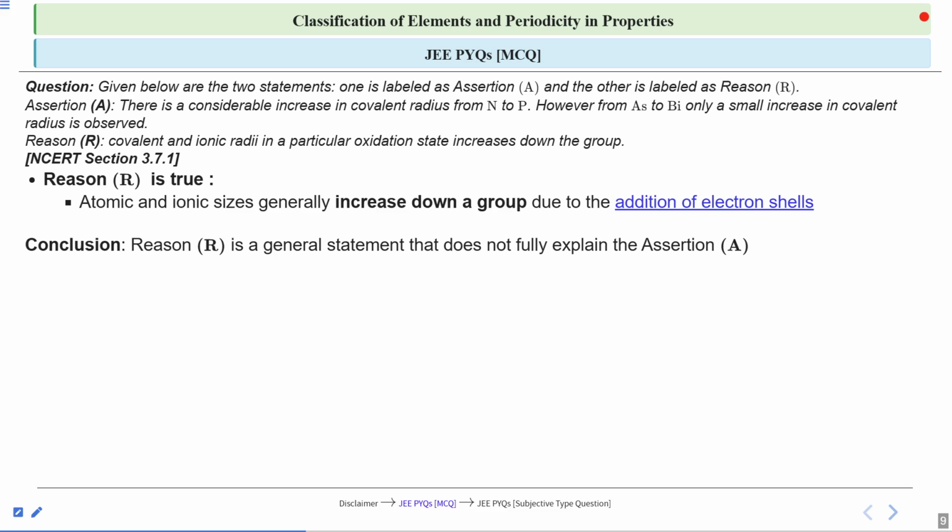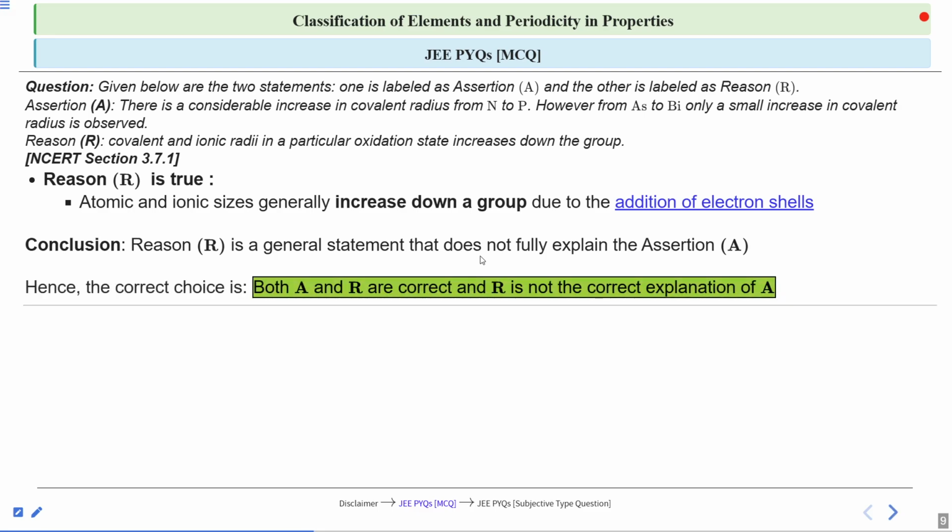That is not explained in the reason. Only a general overview is given. Therefore, we will say that the reason is a general statement and it is not explaining the assertion completely. I hope you got my point, what I'm trying to say. Therefore, both A and R are true, but R is not the correct explanation of A.